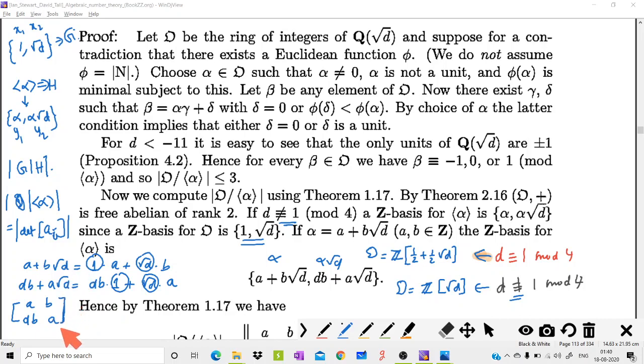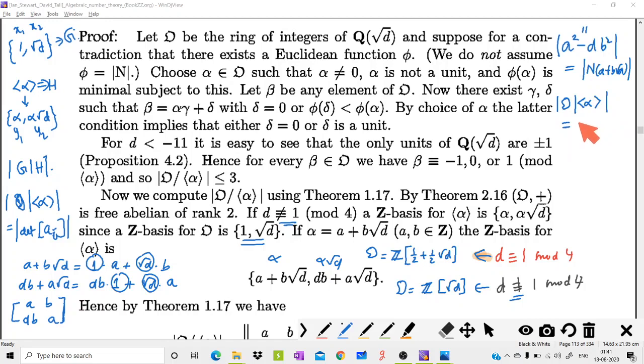Then finding the determinant of this, you can get the cardinality of O by this. The determinant is a squared minus d b squared, which is nothing but the norm of a plus b root d. The modulus of this determinant gives the cardinality of O by the ideal generated by alpha.